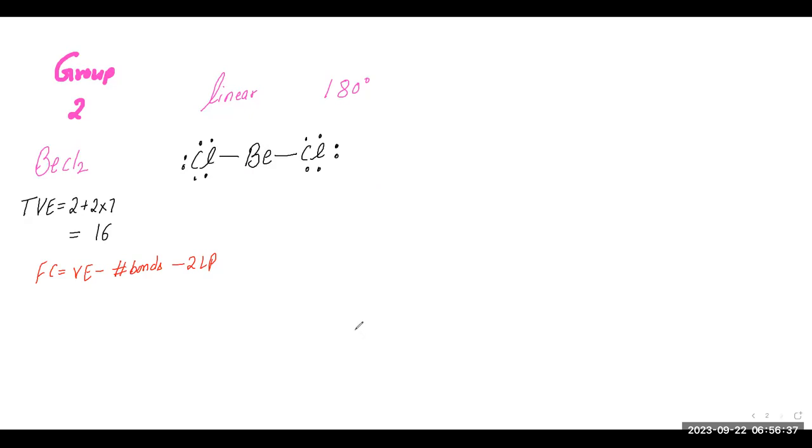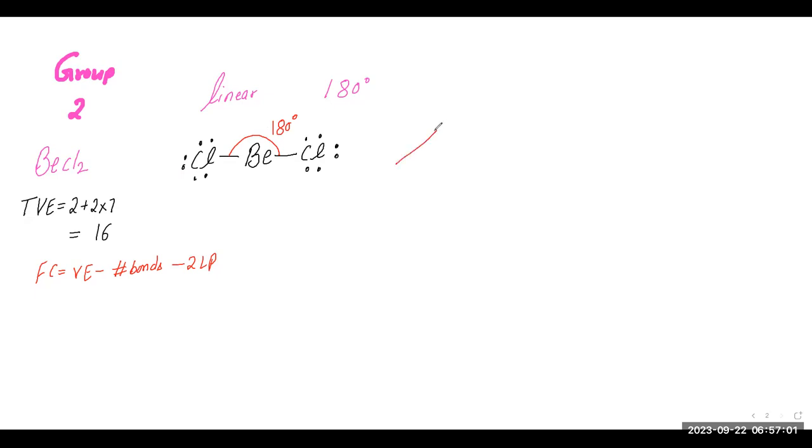Okay. So now how many groups around beryllium? Now pay attention to beryllium. Two groups. Two groups means they should be 180 to each other, right? Is there any lone pair on beryllium? No. So this is a symmetrical structure. Both the chlorines are identical.